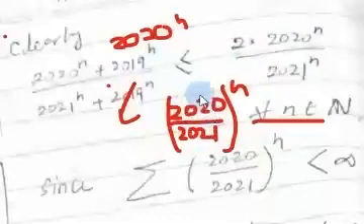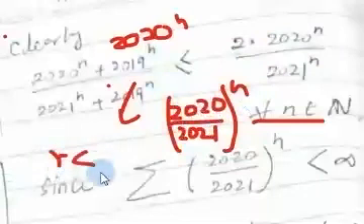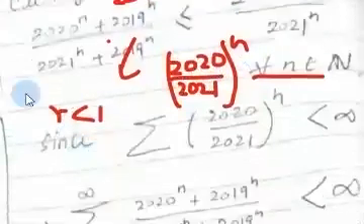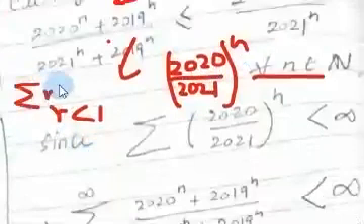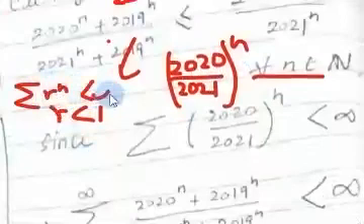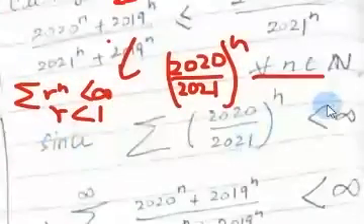If you consider this number as r, which is less than 1, then what happened to this series of r to the n? This is convergent. That means when you sum this up, you get a finite number, less than infinity. That's why I wrote less than infinity, right?